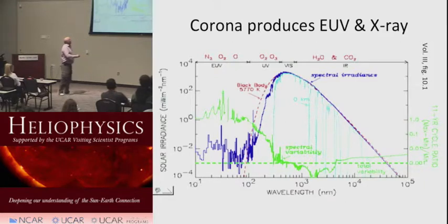In the green is the percentage of variability from solar minimum to solar maximum. You can see over the visible, it's very small. It's 1 part in 1,000 variation between solar minimum and solar maximum. But in the corona, it's well over a factor of 2 or 3. Right? This is the fact that the corona varies dramatically with the amount of magnetic field on the sun.